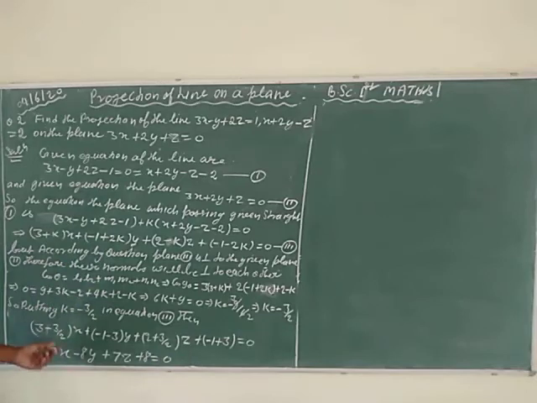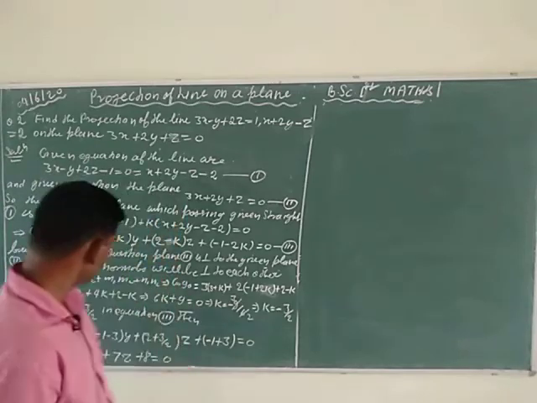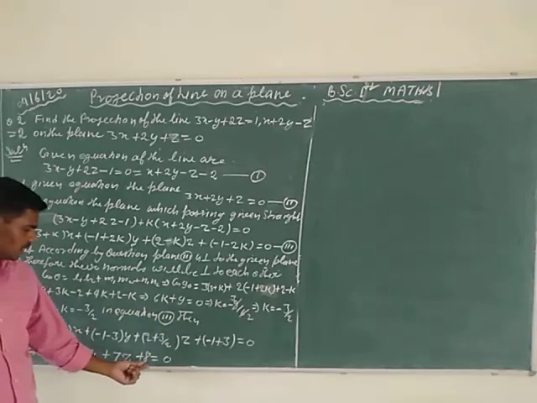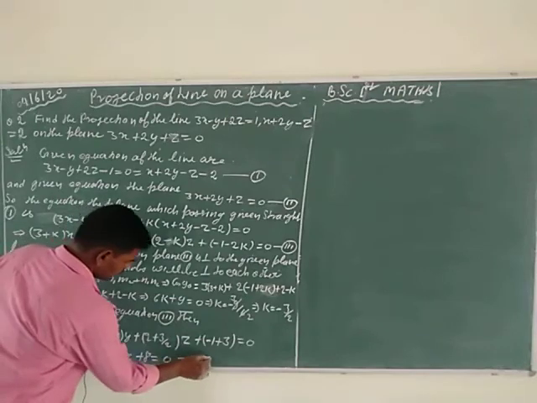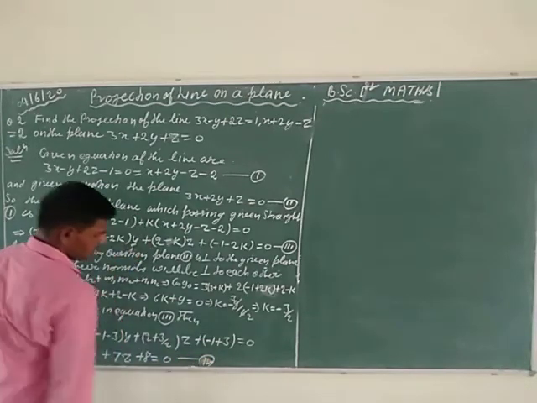Taking 2 as the LCM and multiplying with 0 on the right-hand side, we get 3x minus 8y plus 7z plus 4 is equal to 0. It is represented by equation third or equation fourth.